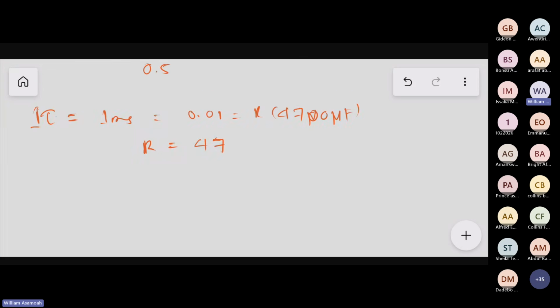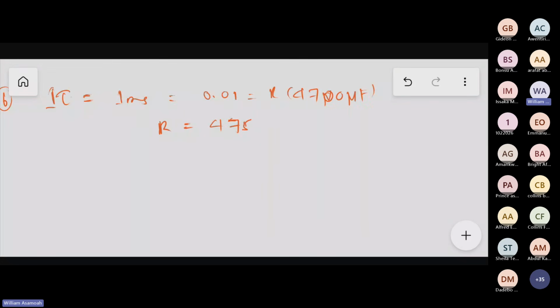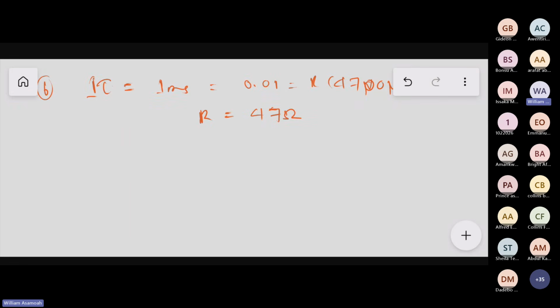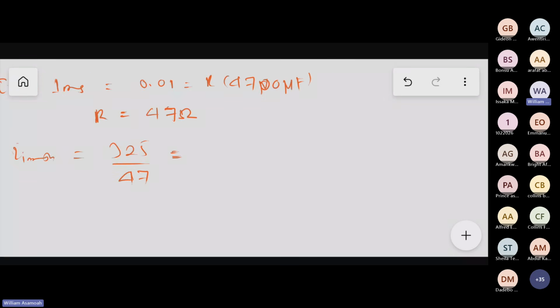So we are going to use 47 ohms as the pre-charge resistor on the pre-charge path, right? Then I inrush would be equal to 325 over 47. And what do we have? 6.9. You see, this current is better and it won't cause any harm.